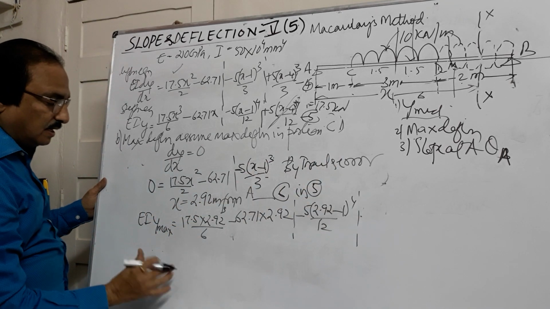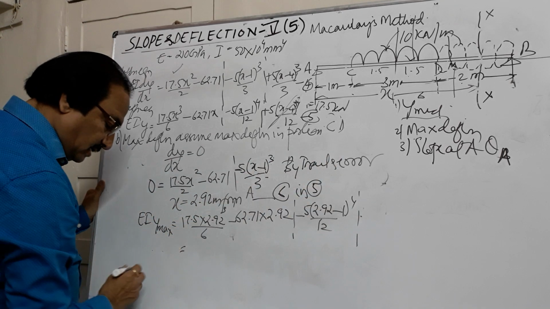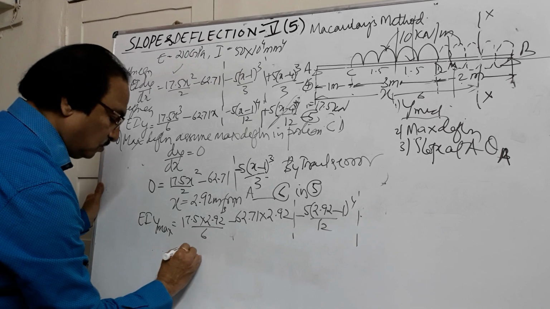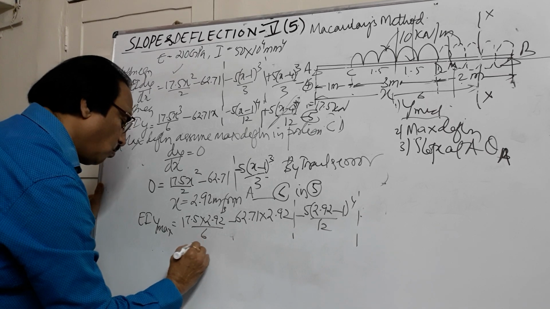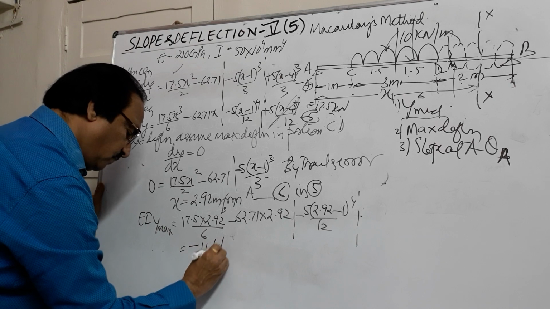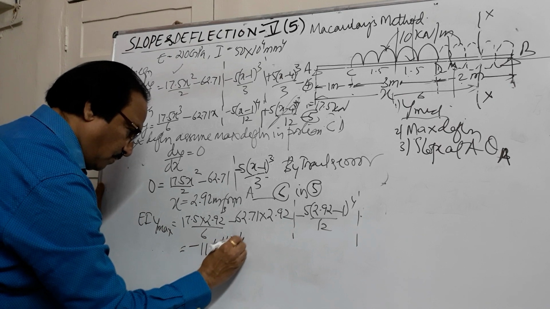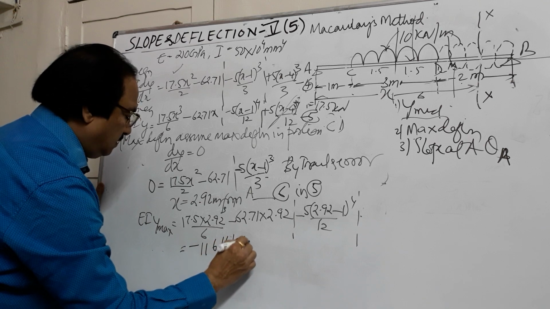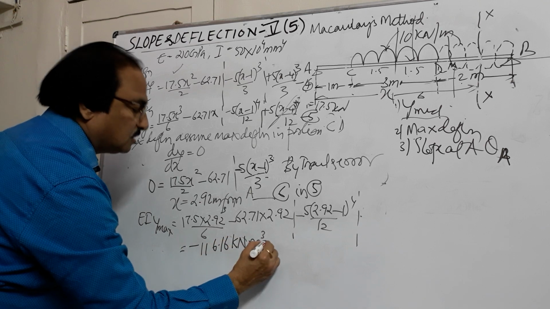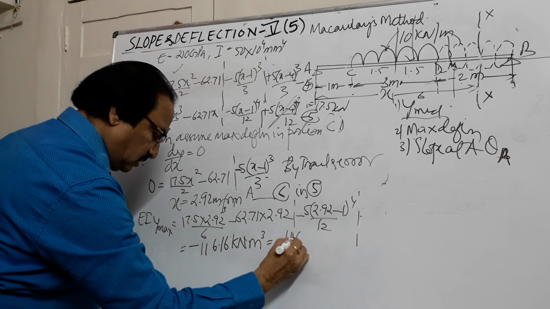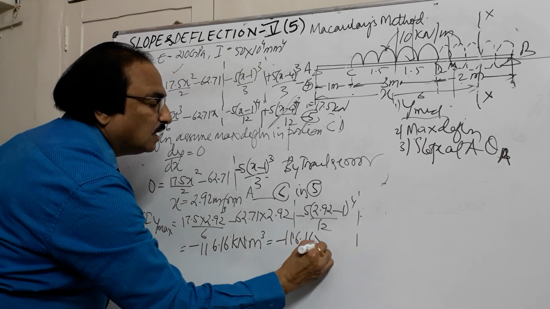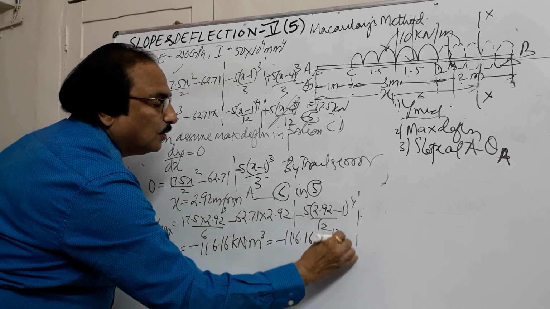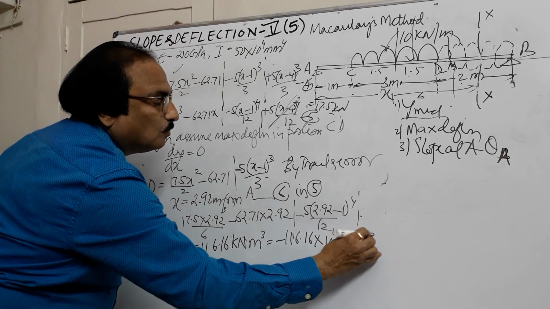So now if you simplify this, you get the value equal to minus 116.16 into 10 to the power of 12 Newton mm cube.